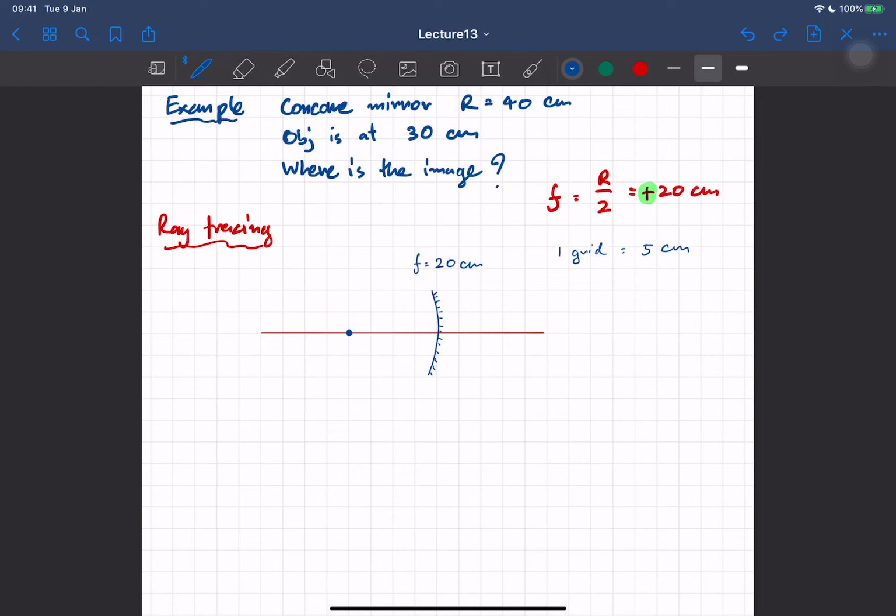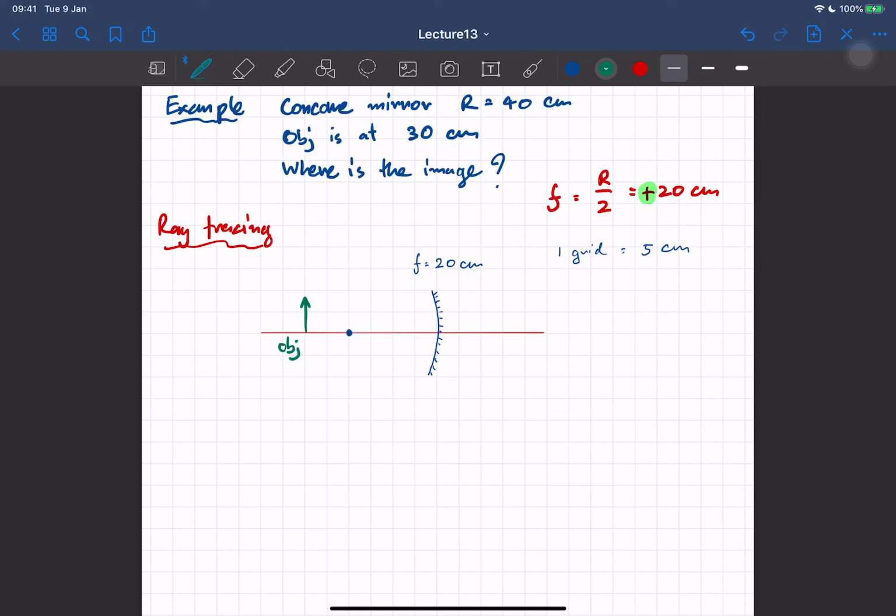Each grid is 5 centimeters, so 20 centimeters is there. That's our focal point. The object is 30, so the object is here. 1, 2, 3, 4, 5, 6 times 5, that's 30 centimeters. So that's the object, OBJ.